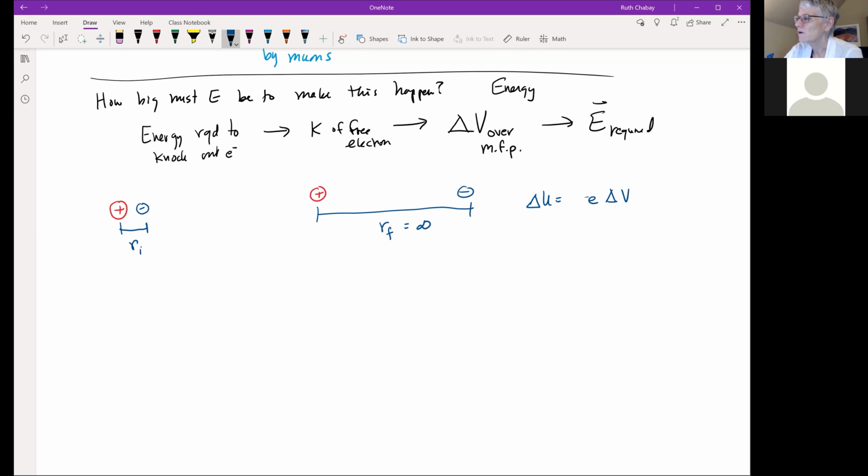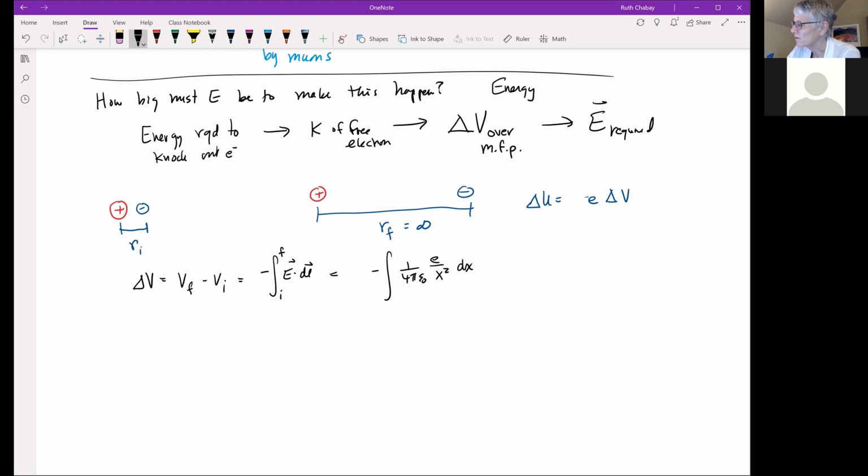And what's delta V? Well, the potential difference here is V final minus V initial, which is the integral of E dot dl from initial to final. In this case, it's minus the integral of 1 over 4 pi epsilon 0 E over x squared dx, because the field is due to the nucleus here.